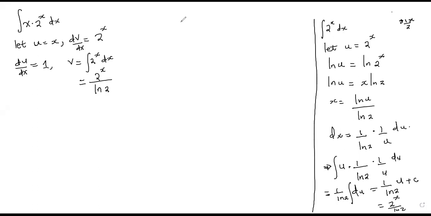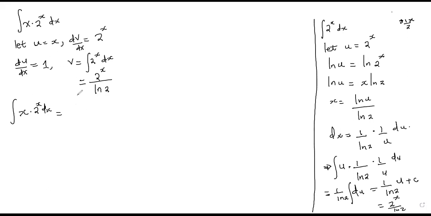Then we can continue. After getting v, now we can substitute into the by parts of ours. So the integral of x 2 power x dx is going to be equal to uv.